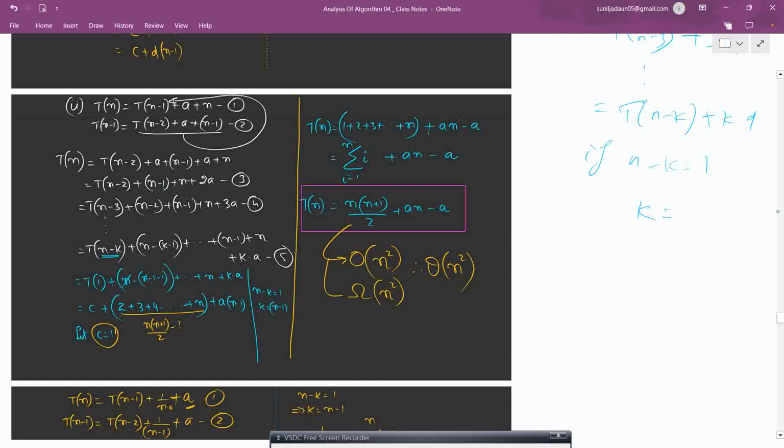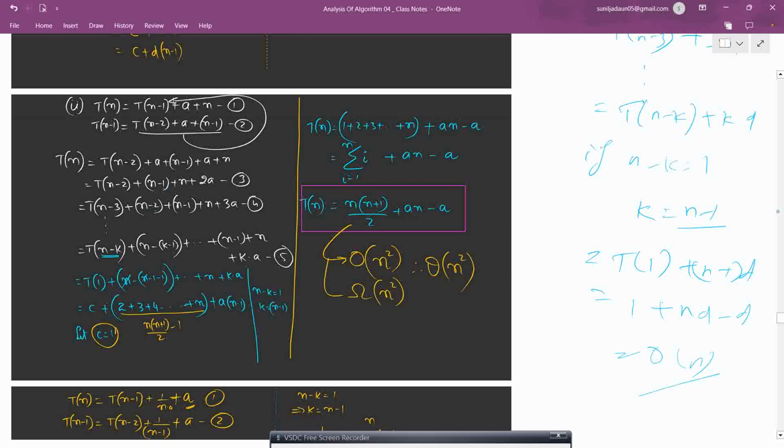Then k is equal to n minus 1, alright. So it will become T of 1 plus (n minus 1) into d. T of 1 is 1, so 1 plus nd minus d will become order of n.